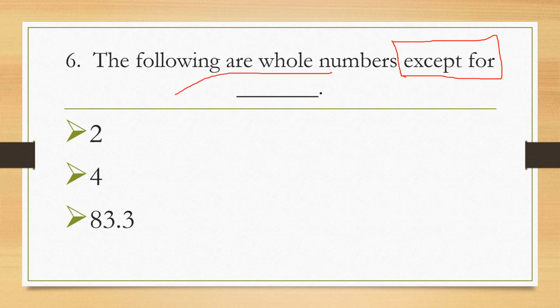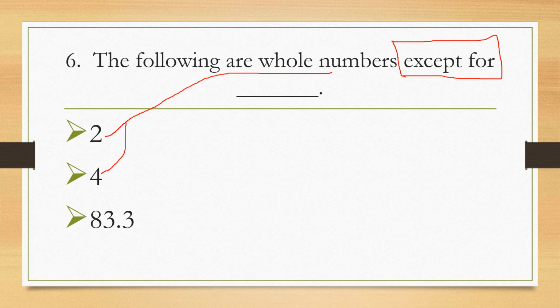Okay, so the whole numbers here are 2 and 4. They are exact numbers or natural numbers. Whole numbers are exact numbers, starting from 0, 1, 2, 3, 4, 5, 6, 7, 8, 9, 10 going up.